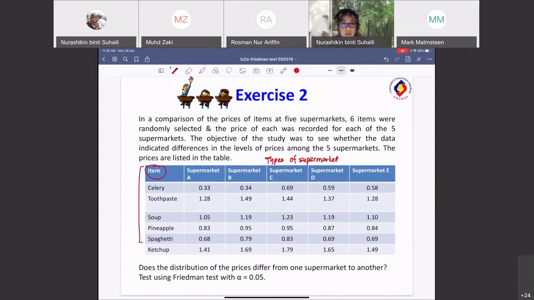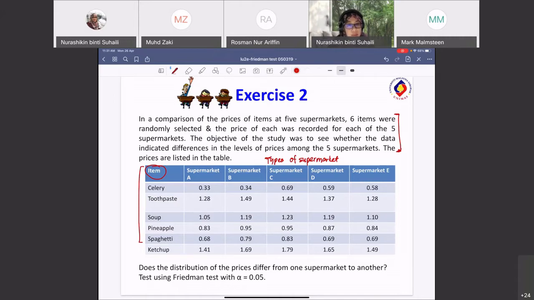It's not necessarily that the treatment will be the row and the block will be the column. You cannot rely on that. How to determine between those two depends on the question, as I said. So you have to understand the question. What is to be compared in the first place?